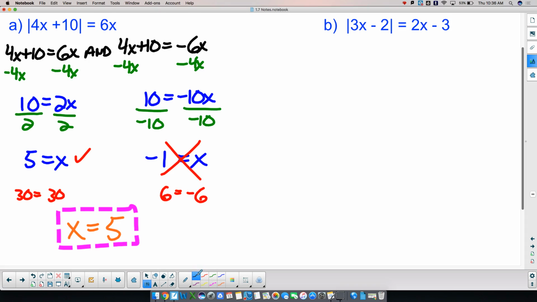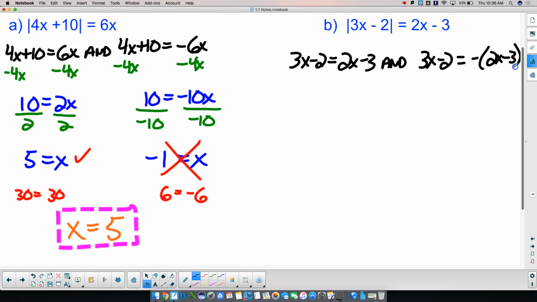Okay. 3x minus 2 equals 2x minus 3, and 3x minus 2 equals negative of 2x minus 3. Hold on, let me move that over.